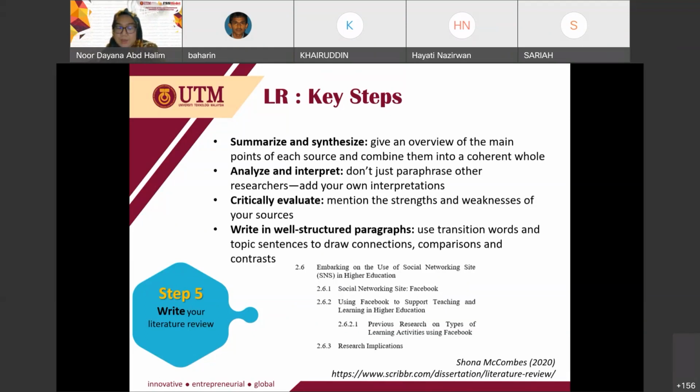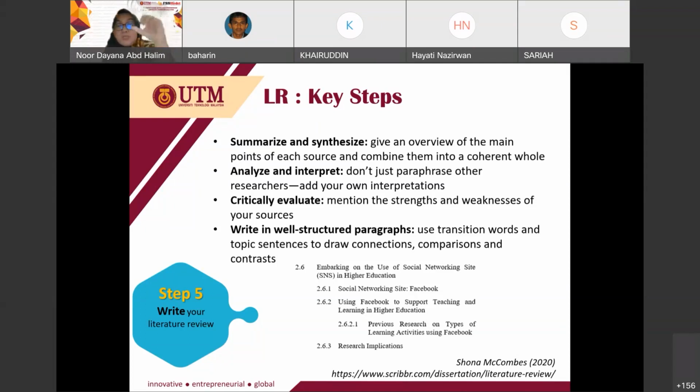The research implication is not a compulsory subtopic, but when I did an attachment in Australia, my supervisor advised me to have this kind of subtopic. So I do suggest my students have this kind of subtopic at the end of each variable. It will conclude the things that you have discussed in one topic.